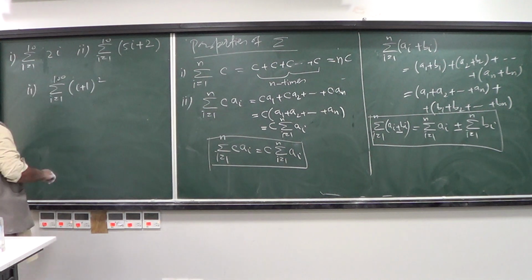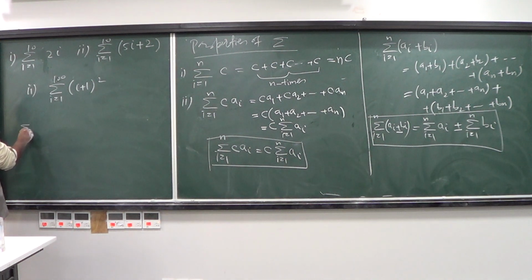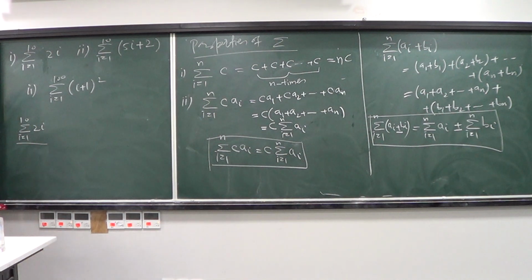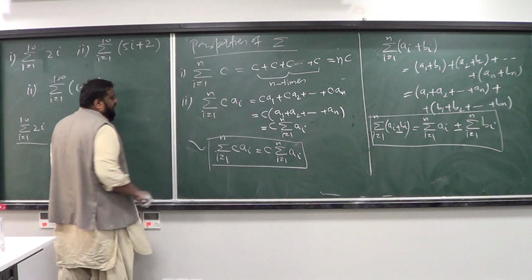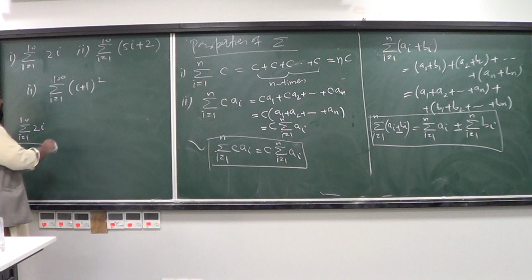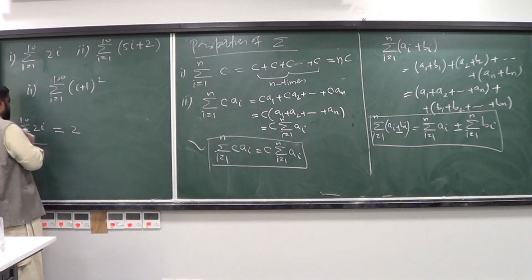So what would be the first sum? The sum from i equal to 1 to 10 of 2i. If you compare it with these four properties, which property does it match actually? It matches this property: a constant that is multiplied with something that has an index. So what you can do is pull this number out.